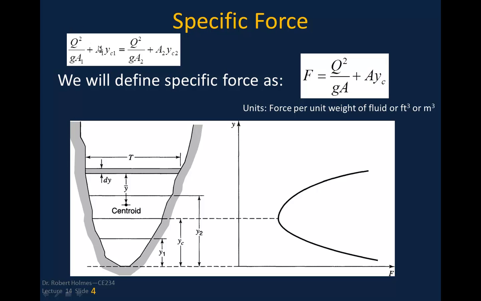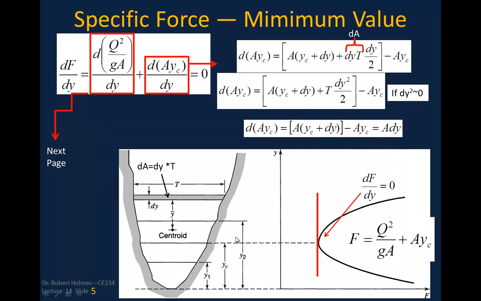The specific force at section 1 would be on this side, specific force at section 2 would be on this side. And at a particular cross-section, at various depths all the way through, we can define a specific force for each one of those depths. And what you see here is Y versus specific force. So much like we do on the specific energy diagram, we can have a specific force diagram.